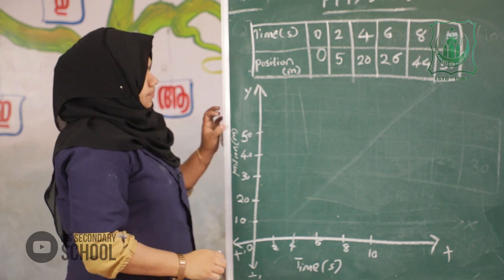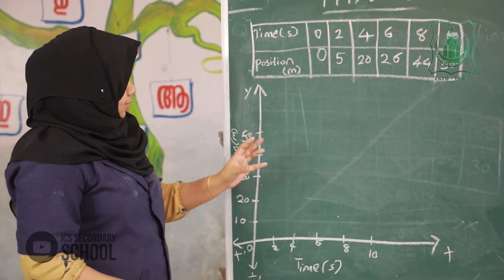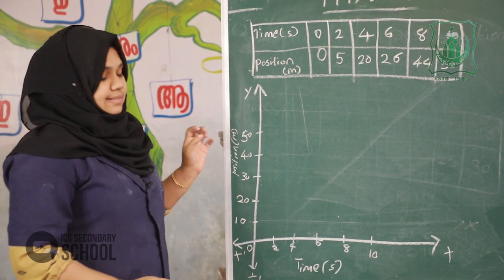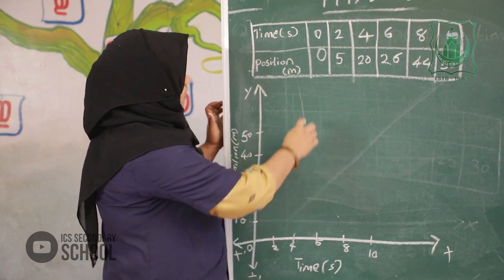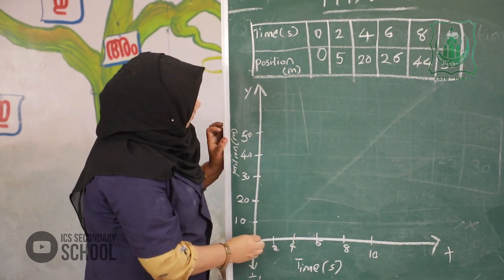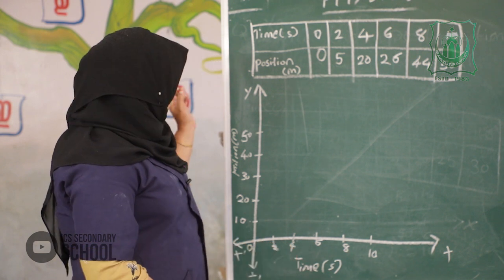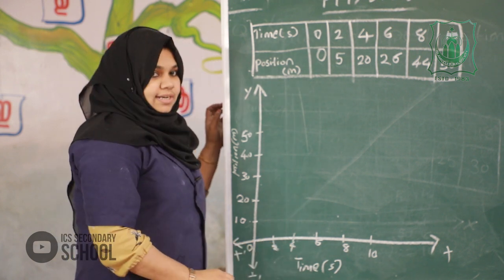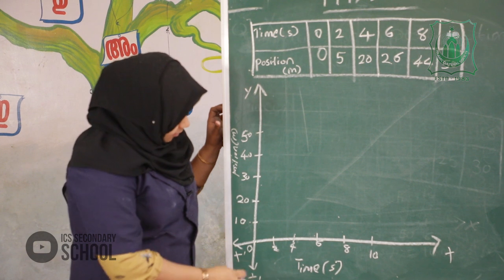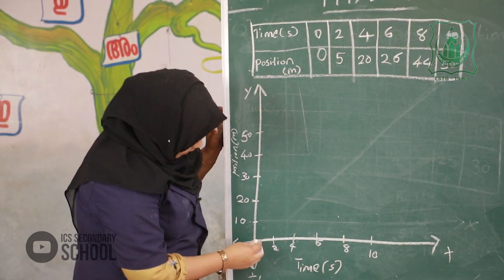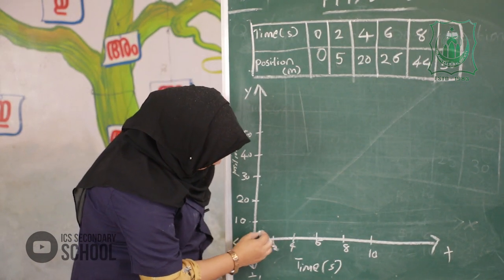We can use any scale, but this one is more suitable for our data. First point is 0, 0. Then at 2 seconds, what is the distance? 5. That is the middle of 10.